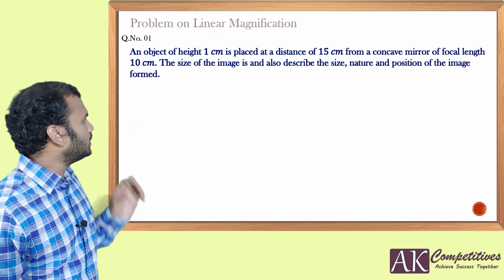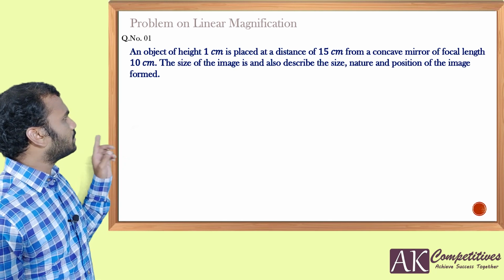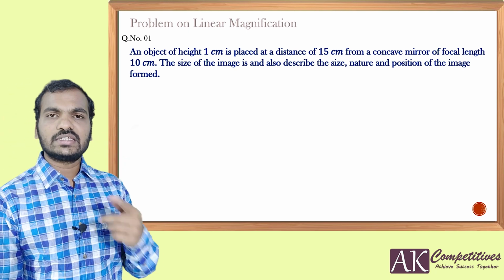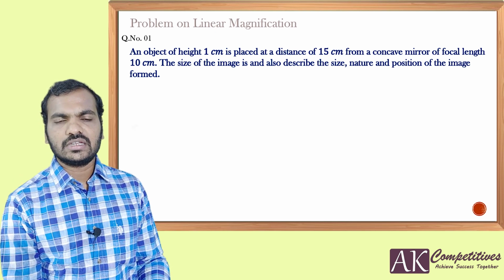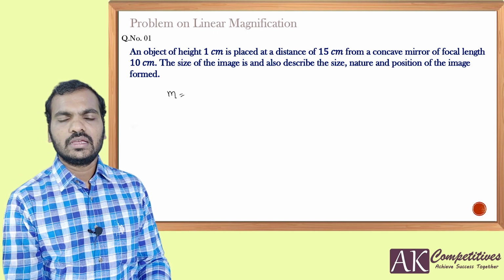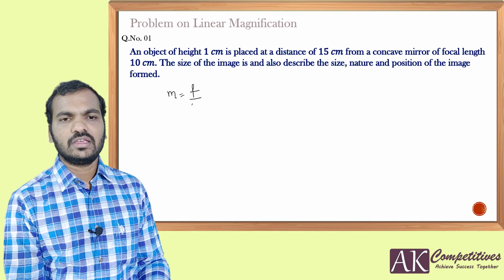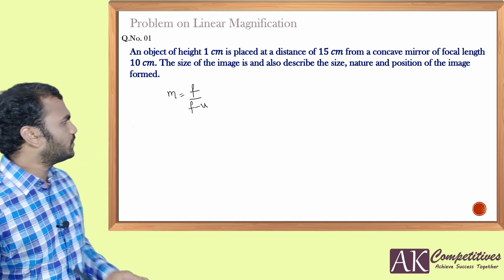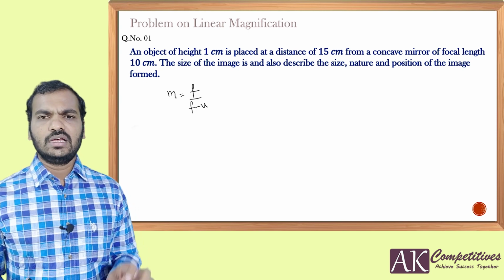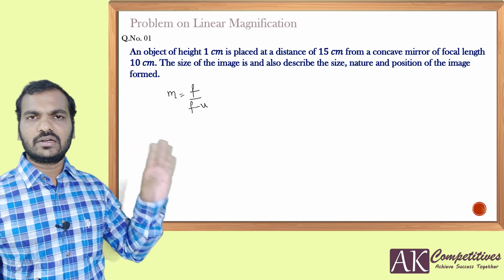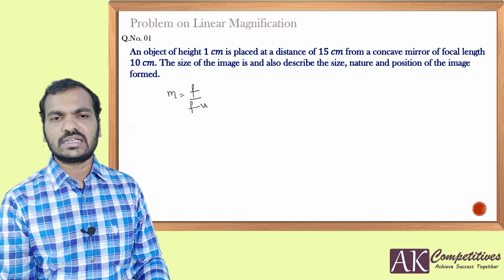What is going to be the u value? u is minus 15 centimeters. What is f? f is minus 10 centimeters. So magnification m is equal to f by f minus u. Already we have discussed the formula, and here the object is kept perpendicular. You have to consider that, since they have not mentioned it is along the length.